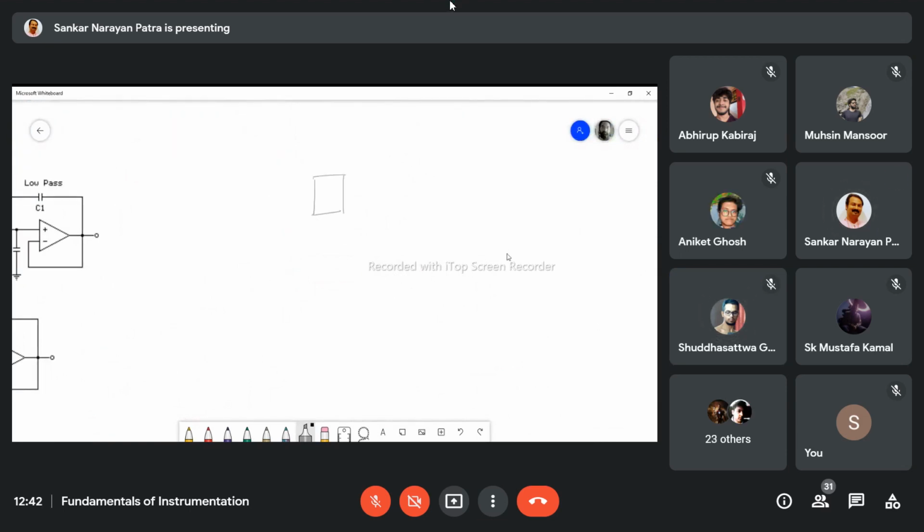NPN: this is P, this is N, this is N. Now, which one is the reverse bias? So the collector-base junction is reverse biased.